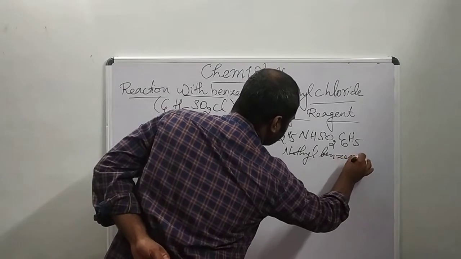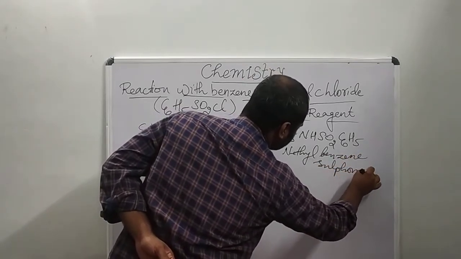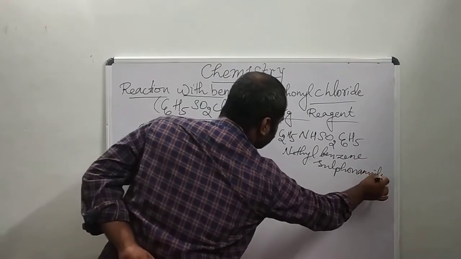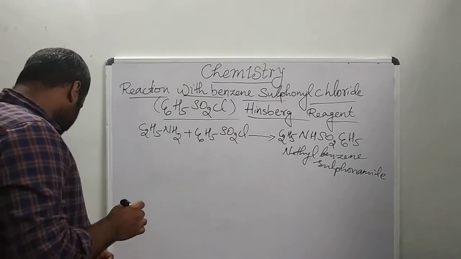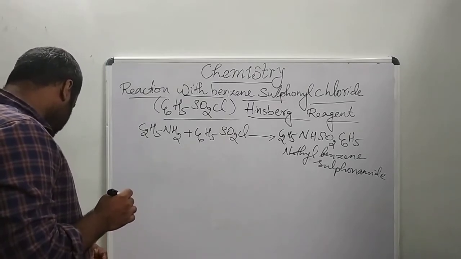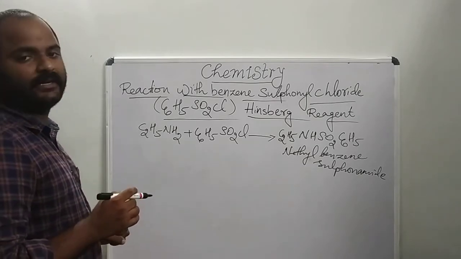So when primary amines react with Hinsberg reagent, you get N-alkyl benzene sulfonamide.